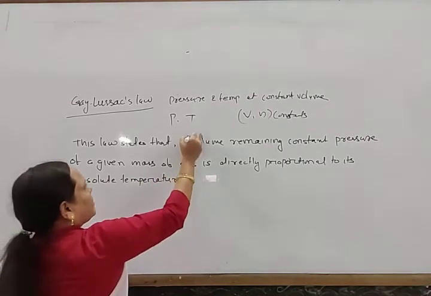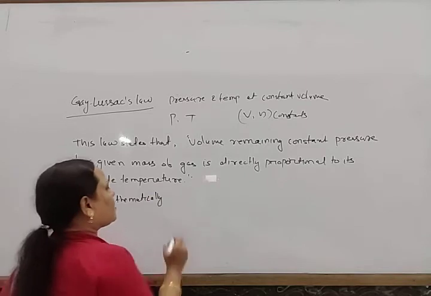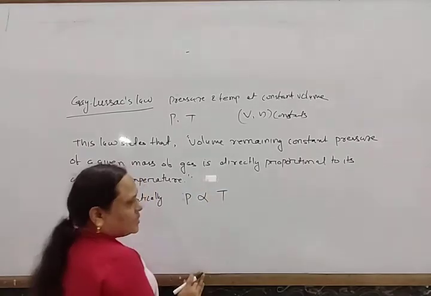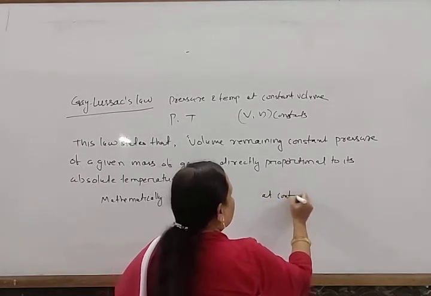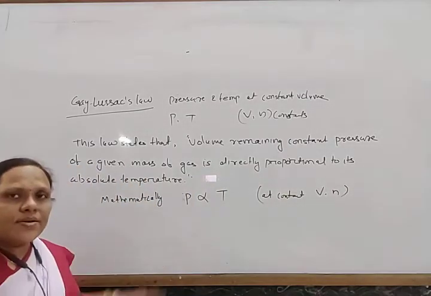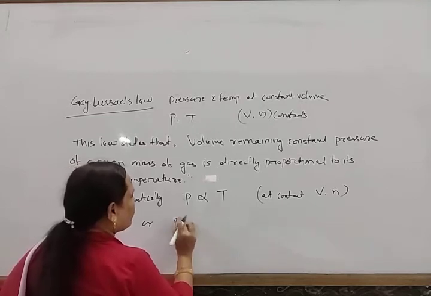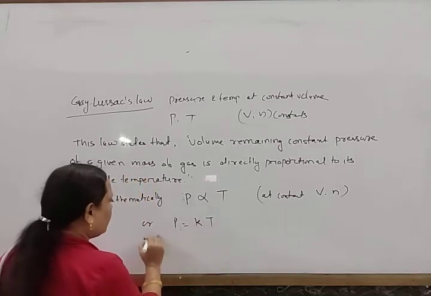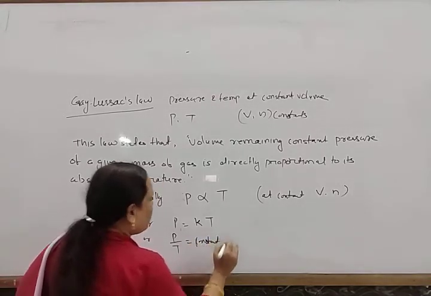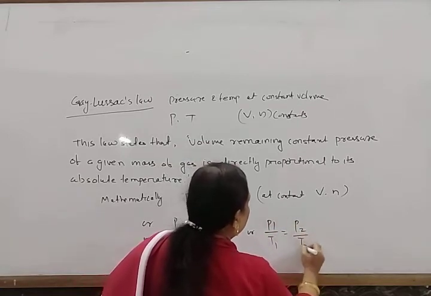Okay, so mathematically P is directly proportional to T at constant V and N, or we can write P equals some constant K times T, or P by T equals constant, or P1 by T1 equals P2 by T2.